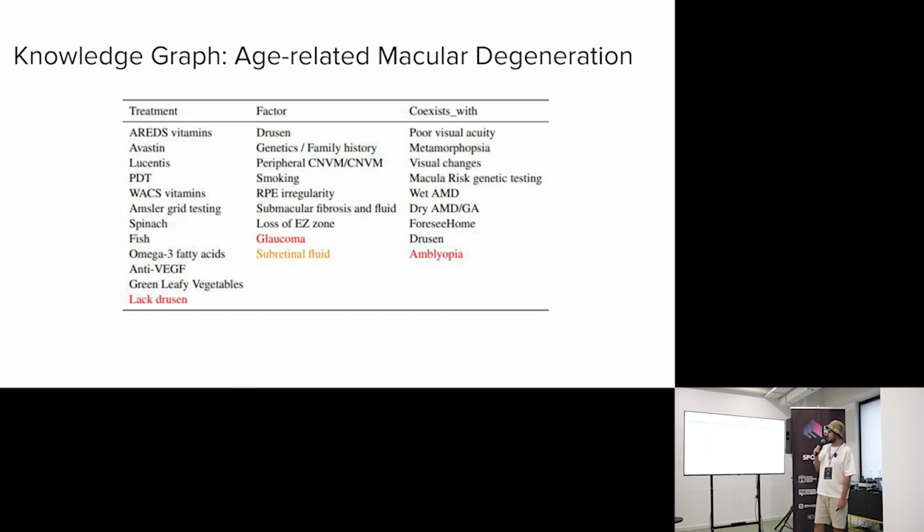And one of the models classified the cataract as coexist with, and the intuition was that the surgery that is done for the ARMD can also cure the cataract, but that is not always the case. So our experts had a bit of disagreement on this.